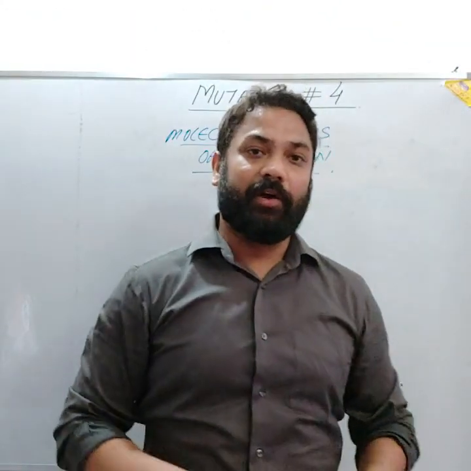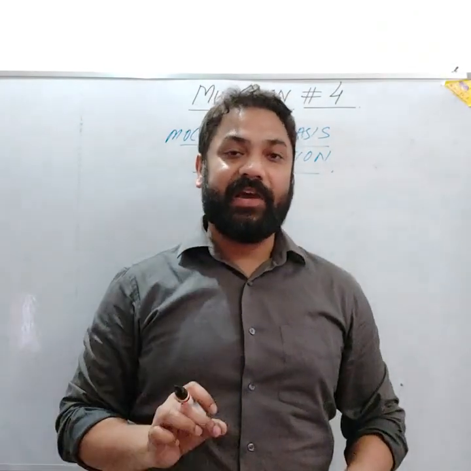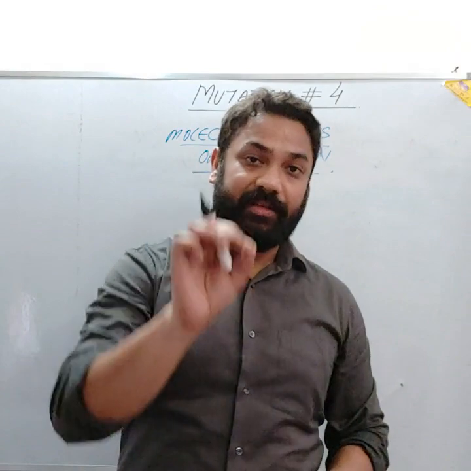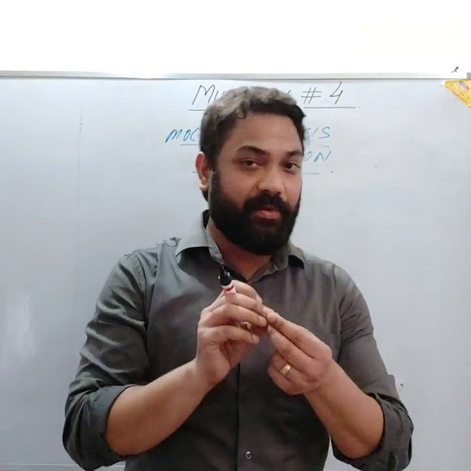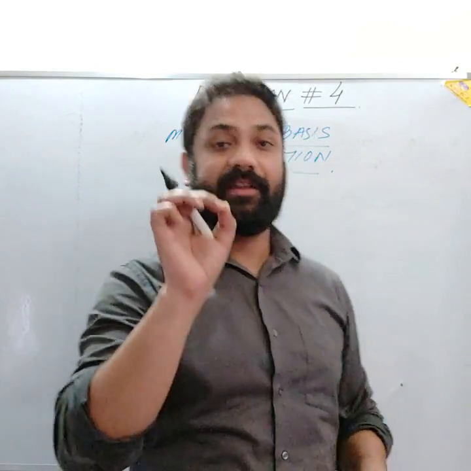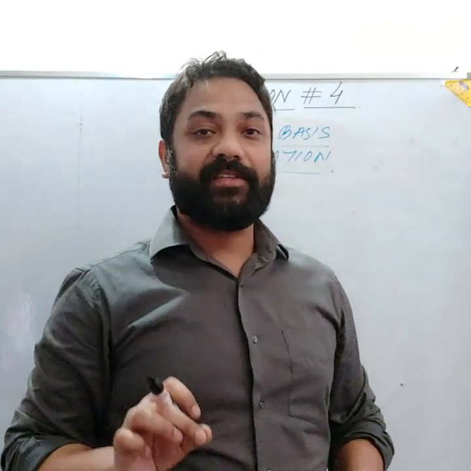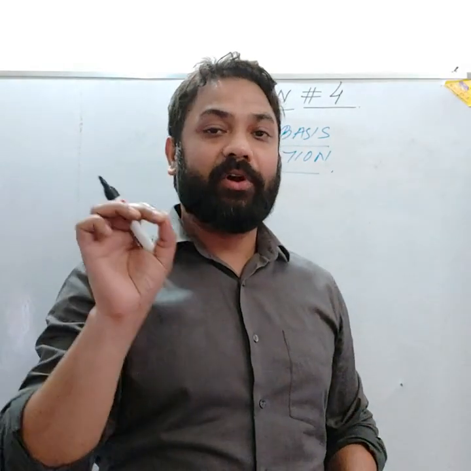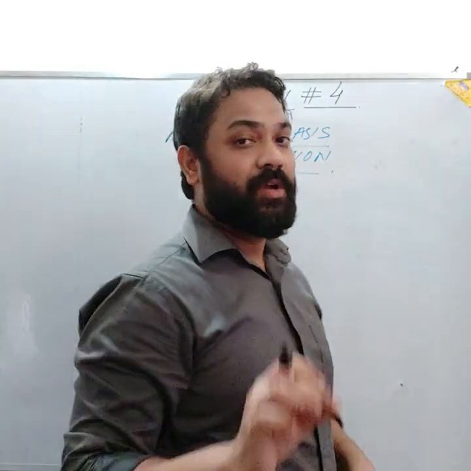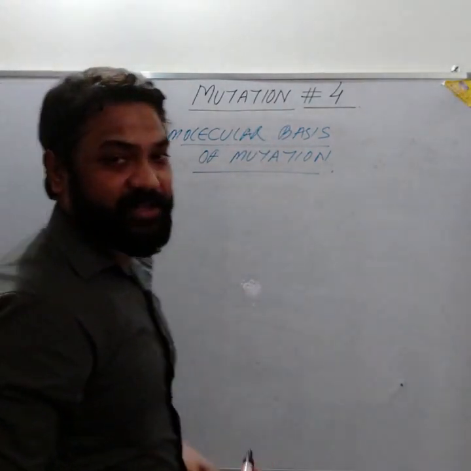When we study the molecular basis of mutation, it means that at the molecular level we have to understand the cause, where the changes are occurring, and in what molecule. Already we know it is a change in the DNA sequence. So at the molecular level, where is the change occurring in a molecule of DNA? This is what we mean by the molecular basis of mutation.